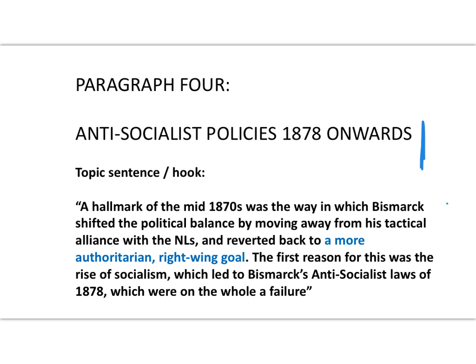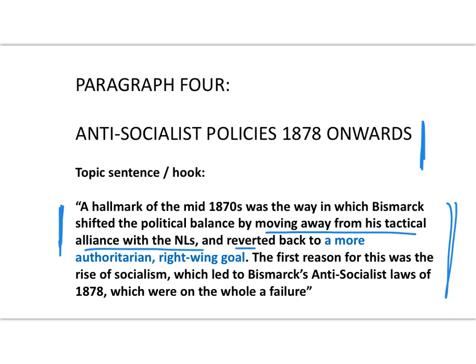So my topic sentence would look something like this. A hallmark of the mid-1870s was the way in which Bismarck shifted the political balance by moving away from his tactical alliance with the NLs, the National Liberals. That was a tactical alliance. It was necessary to pass laws early on to strengthen national unity, and it was necessary as part of the war against the Catholics.